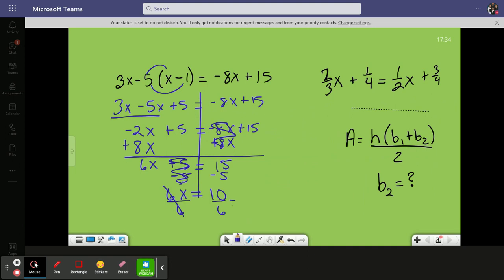Can that reduce? Divide them both by 2, and I get 5 over 3. And you know what? There's your answer right there. If your answer ends up being a fraction, simplify it if it does, and then you have your answer.